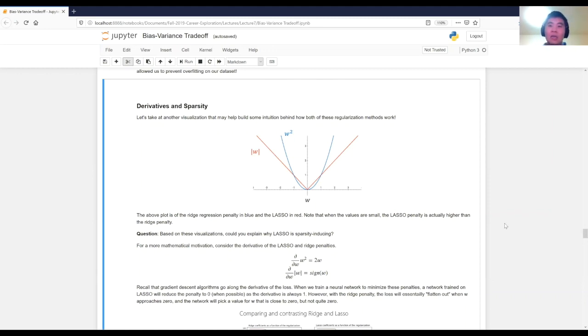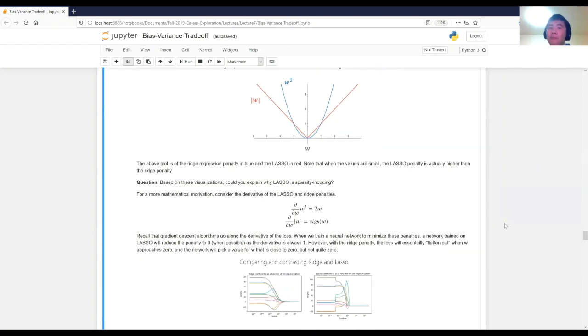Gradient descent always moves along the derivative, right? So if you're at a point where w equals 2 over a million, gradient descent sees that derivative, and it's essentially 0, so gradient descent will not move along that direction. In a sense, if we use only ridge regression, we can never really force the value of a weight down to 0.